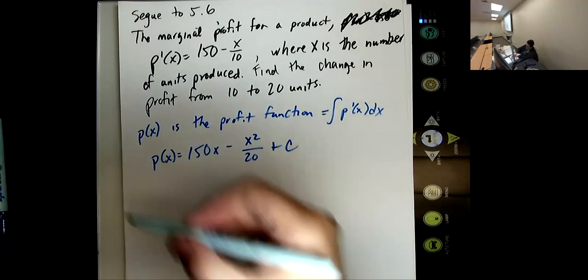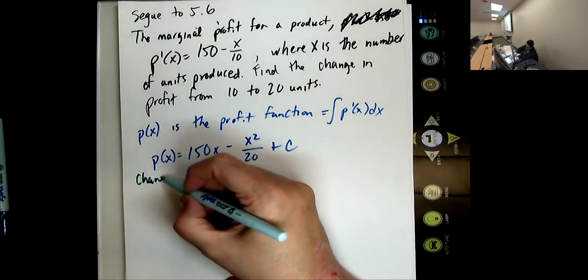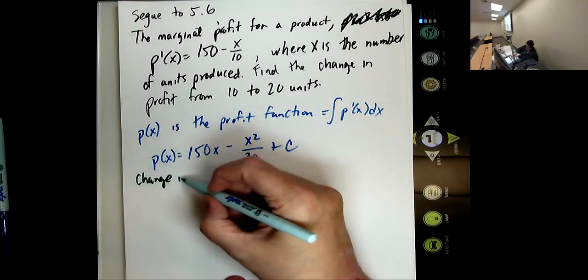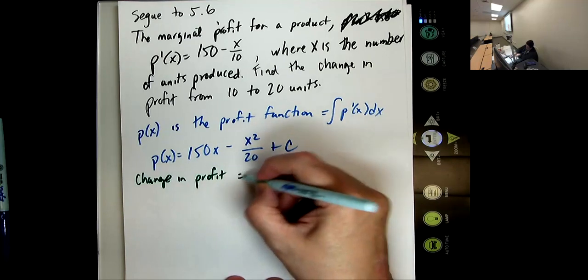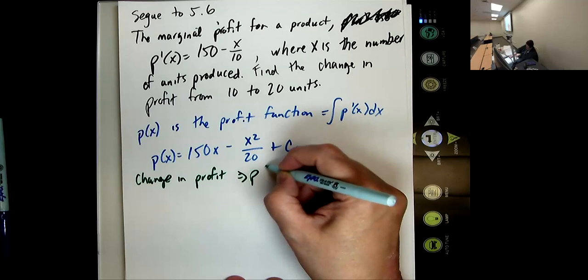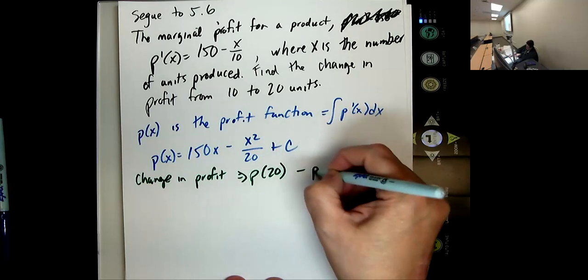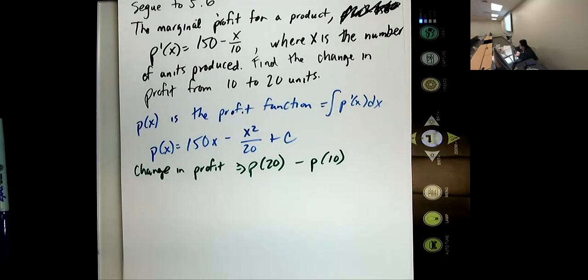So the change in profit would be the profit at 20 minus the profit at 10. That would show us how much it's gone up.